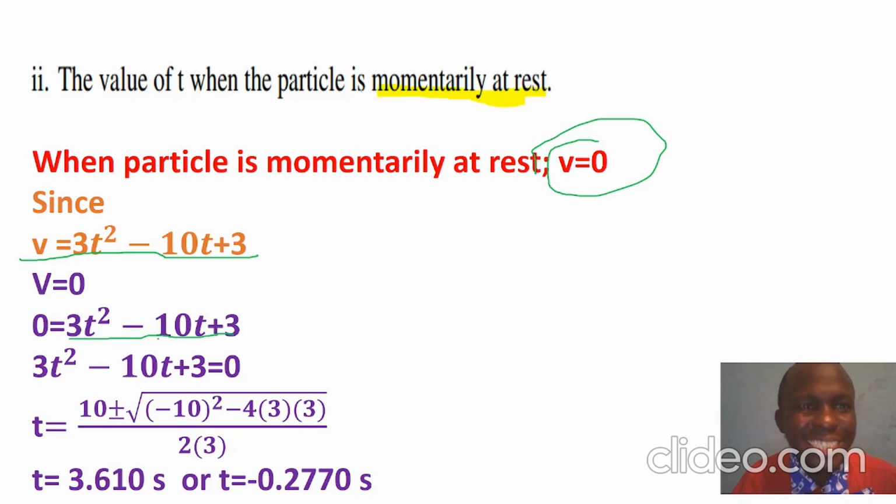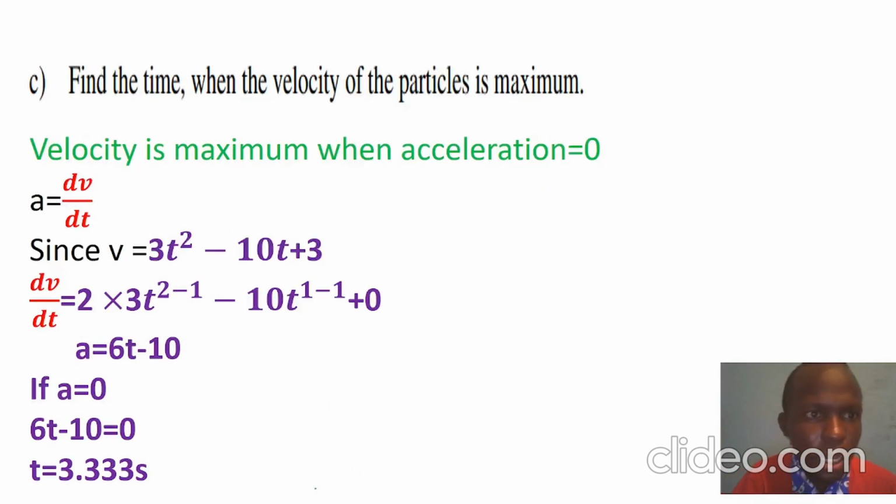Now we want to get t. You see, it boils down to a quadratic equation. Using the quadratic formula, you get two values of t: t is equal to 3.610 seconds, or t is equal to negative 0.2770 seconds. So that is how we get t when the particle is momentarily at rest. The last part of this problem is to find the time when the velocity of the particle is maximum.